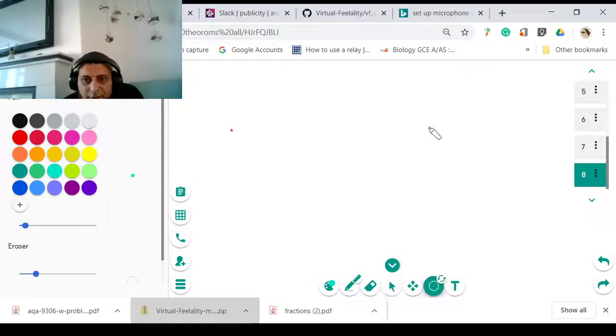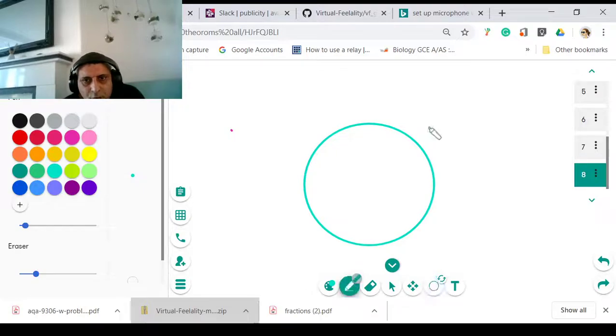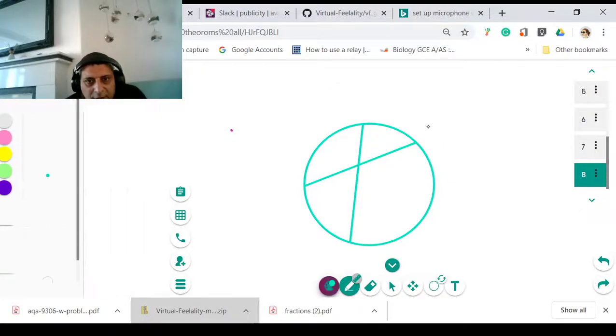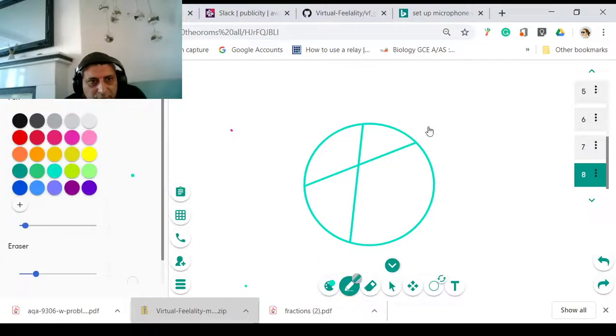The next circle theorem goes on about something really unusual. What we have is a chord crossing another chord, and we're going to label these P, Q, R, S, T.